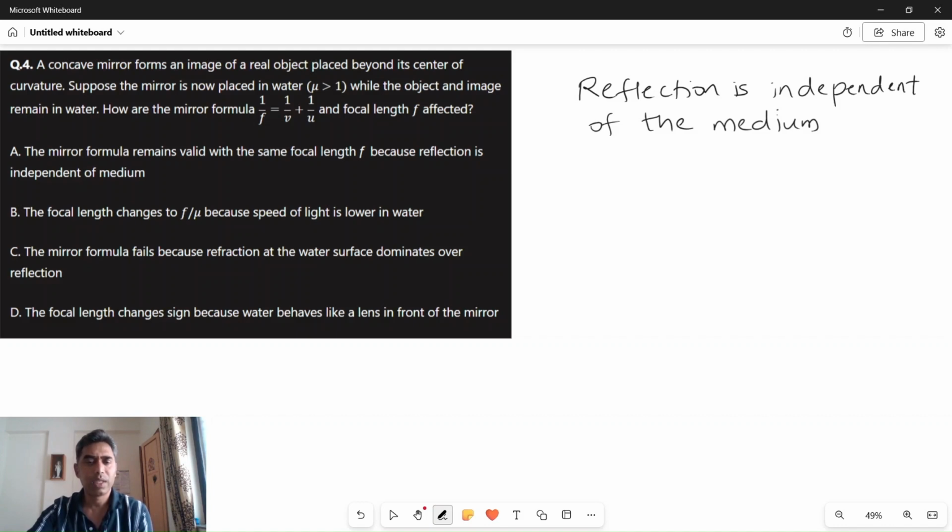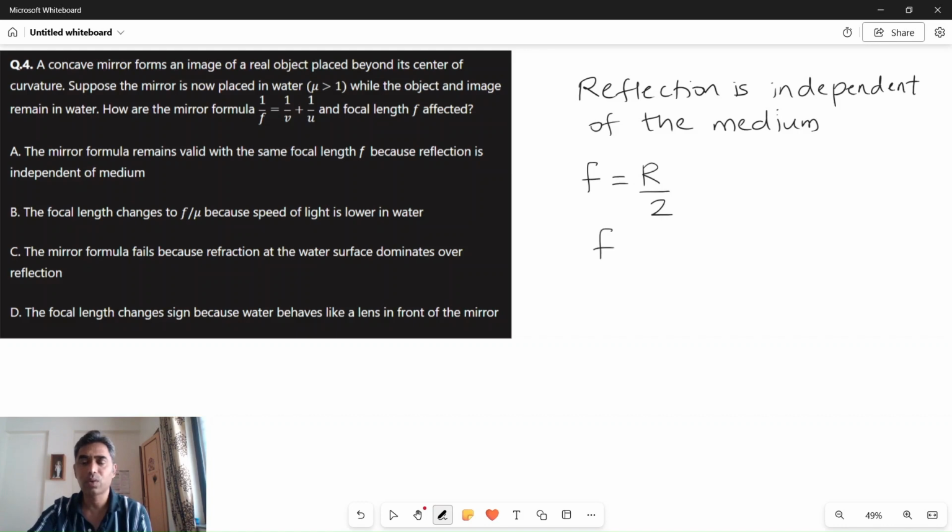Okay, next is focal length f. See, the focal length of the mirror is equal to r by 2, right? Mirror focal length is r by 2, where r is the radius of curvature. So this is a geometrical property of the mirror. It is not a property of the medium.